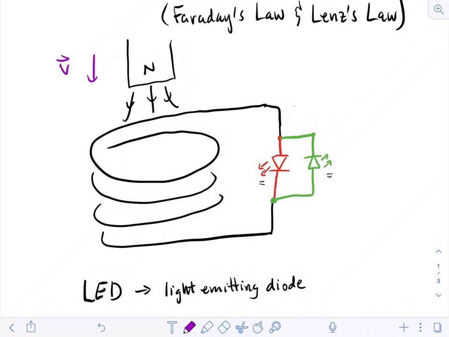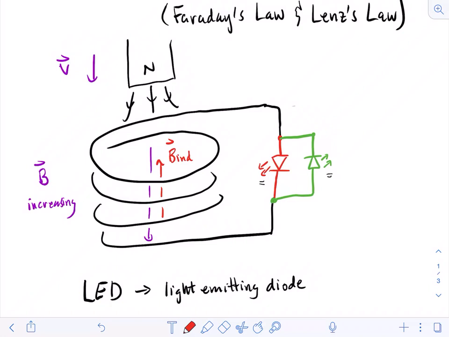Then in our coil we have a magnetic field B that is increasing, pointing down. This is the same kind of situation we analyzed in the last video.